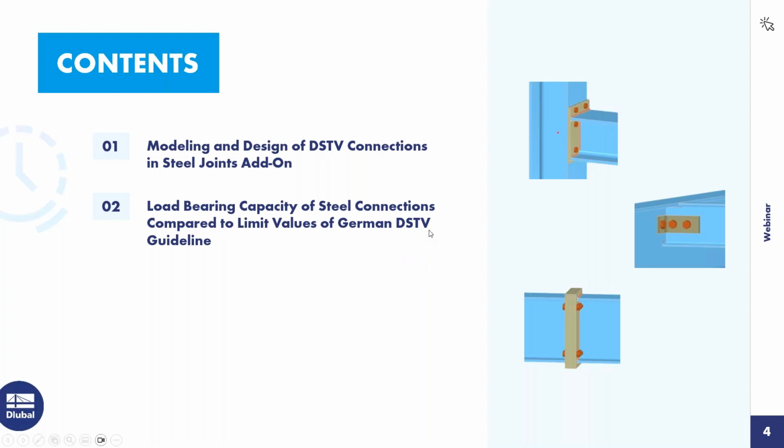The DSTV guideline contains the standardized connections. And I will say some words on why you should use the steel joints add-on, and what the advantages are. Okay, that's all for the introduction and the agenda.